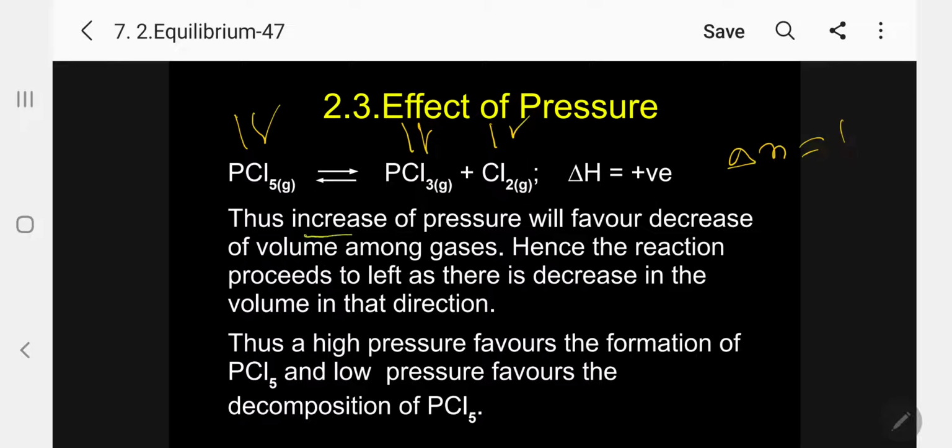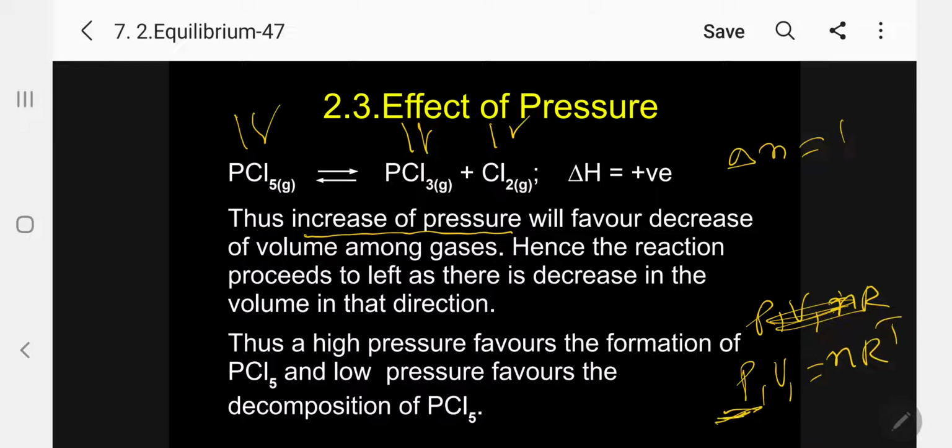Whenever we increase pressure, from Boyle's law, P1V1 equals P2V2, or PV equals nRT, let us assume. Whenever pressure increases, it automatically affects the volume, and then only this will be constant.